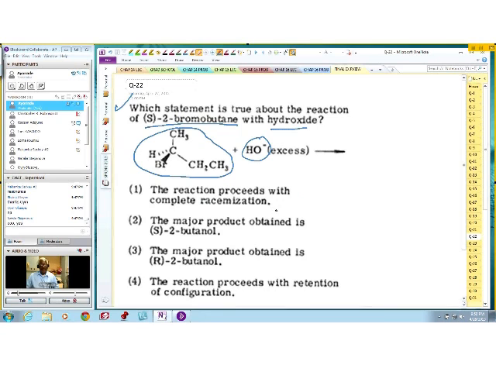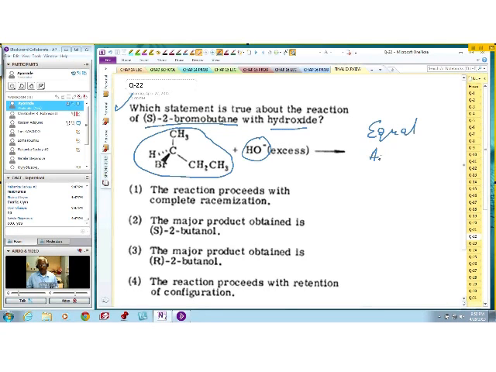Racemization simply means that you are starting with an optically active molecule and you are ending up with two molecules that are mirror images, which are not superimposable. In other words, you are ending up with two enantiomers, in equal amounts.